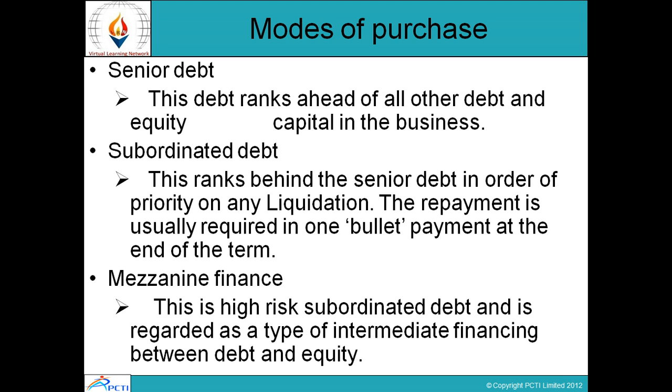When we talk about mezzanine finance, this is usually a high-risk subordinated debt and is regarded as a type of intermediate financing between debt and equity. So when financing takes both debt and equity into consideration, then it becomes mezzanine financing, and it is an alternative to high yield bonds.